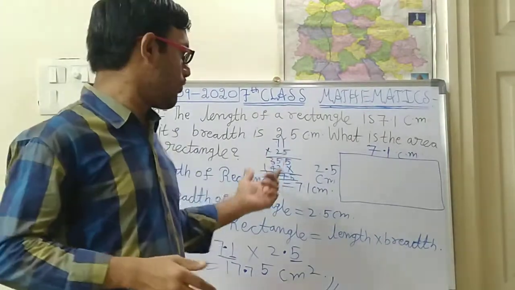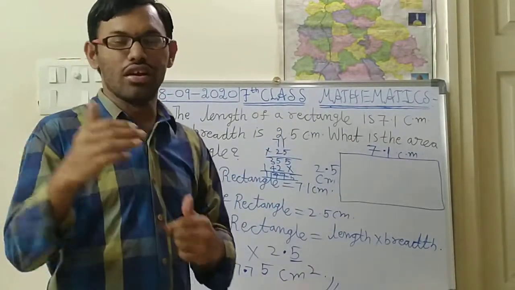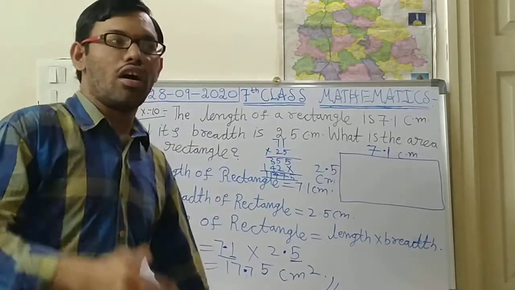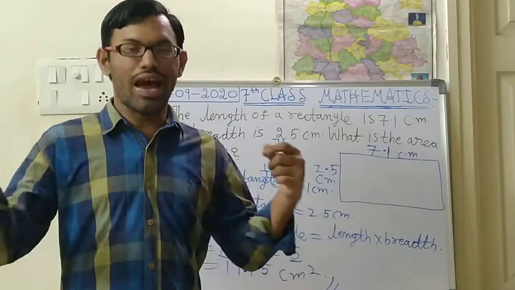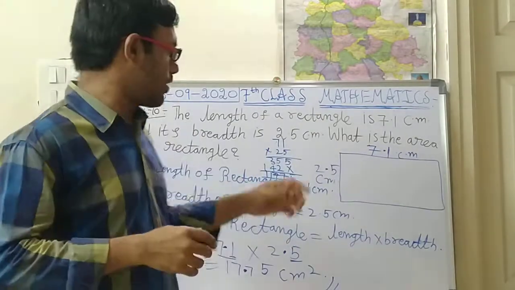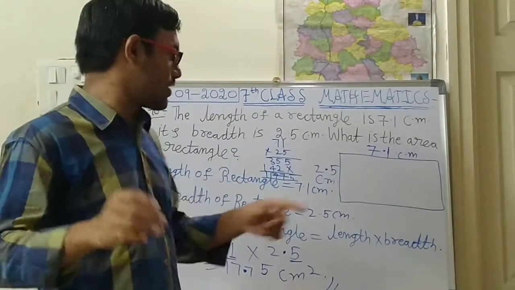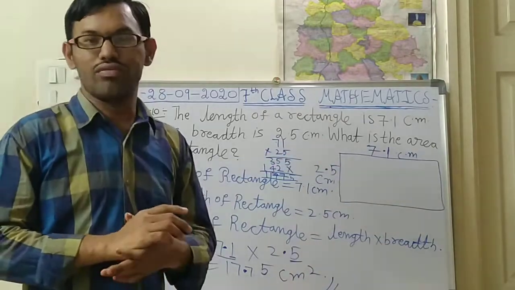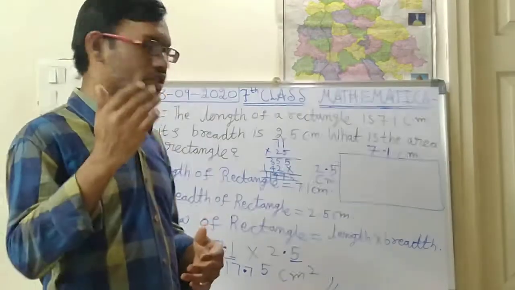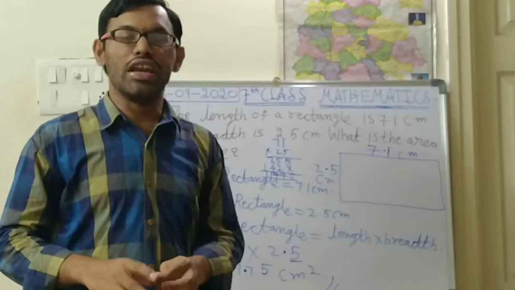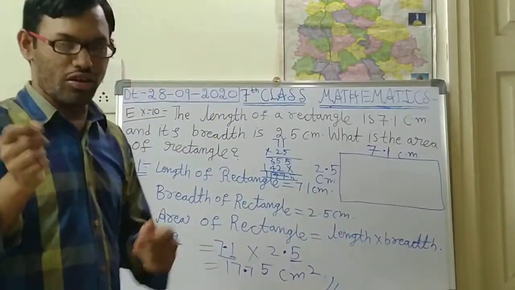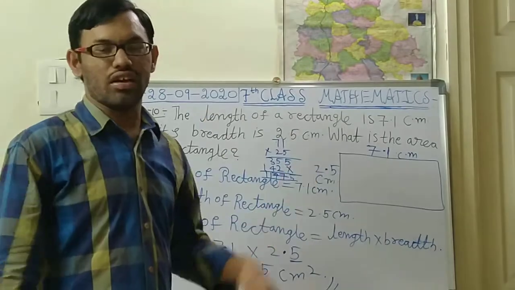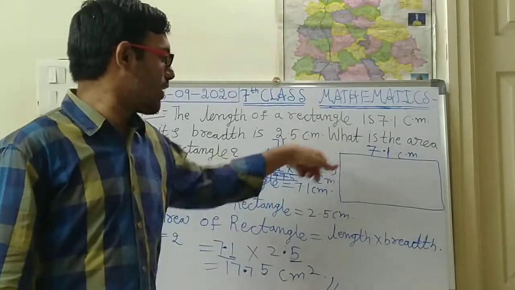If you don't know, ask your parents or any elders how they measure land areas. Your parents will tell you this type of thing. Or if you have any of your own house property documents, you can see in that the area is given like this.